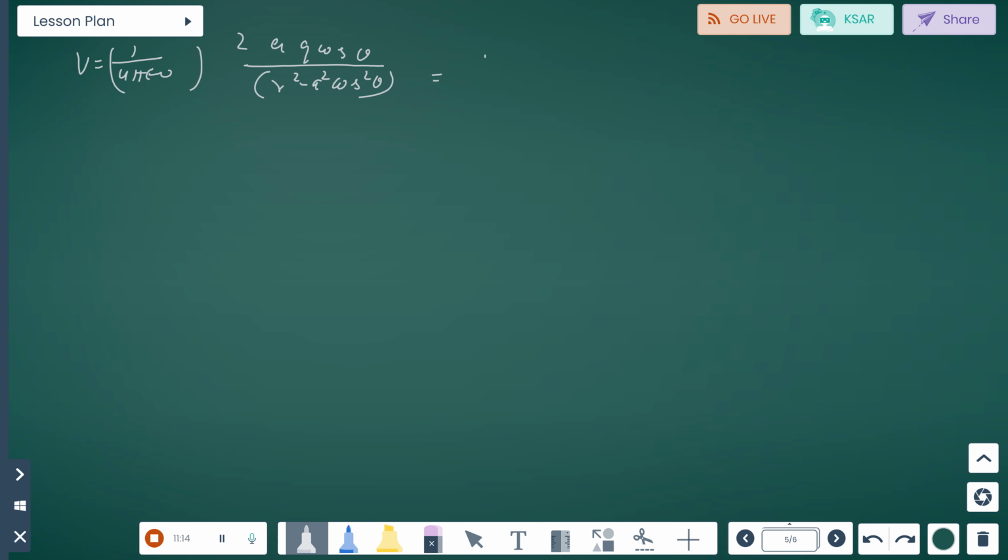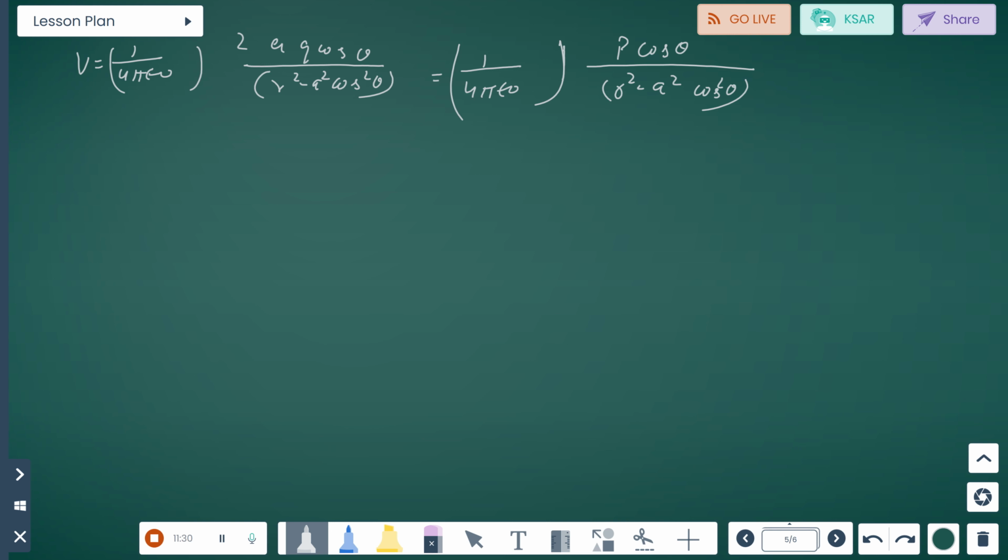So which equals 1 by 4 pi epsilon naught P cos theta divided by R square minus A square cos square theta.